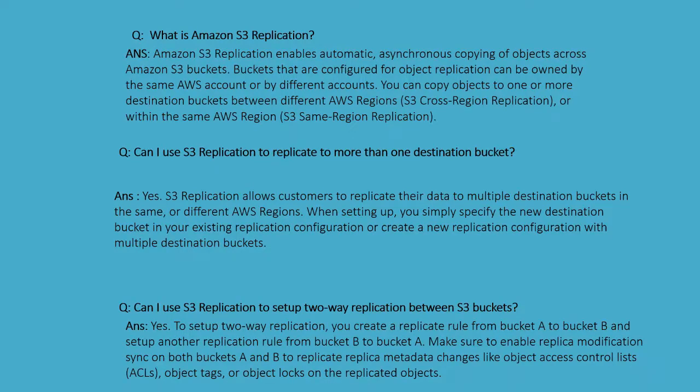Yes, to set up two-way replication, you create a replication rule from bucket A to bucket B, and set up another replication rule from bucket B to bucket A. Make sure to enable replica modification sync on both bucket A and B to replicate replica metadata changes like object access control list, ACL, object tags, and object lock on replicated objects.